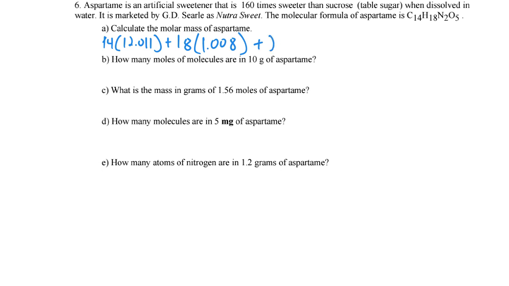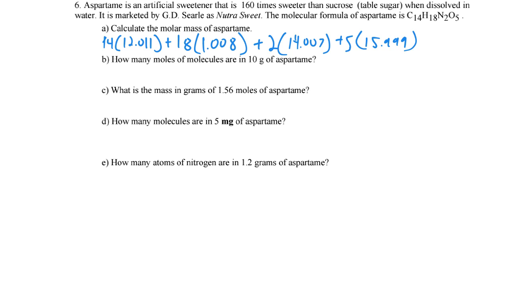And then the number of the atom becomes the coefficient. Nitrogen is 14.007. And then oxygen is that 15.999 number.